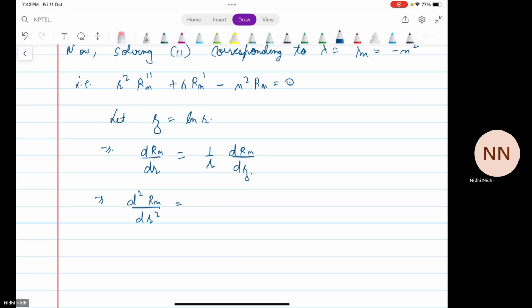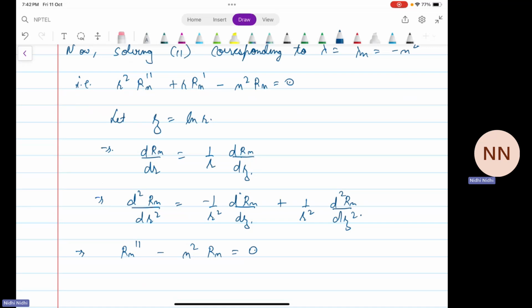So here we will get minus 1 by r squared times dRn by dz plus 1 by r squared times d2Rn by dz squared. Now substituting these values in the equation, we will get Rn double dash minus n squared Rn equals 0.